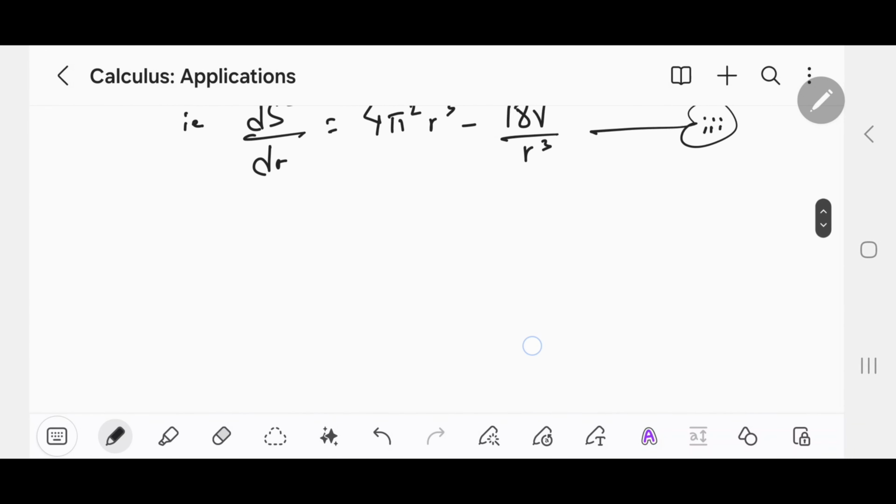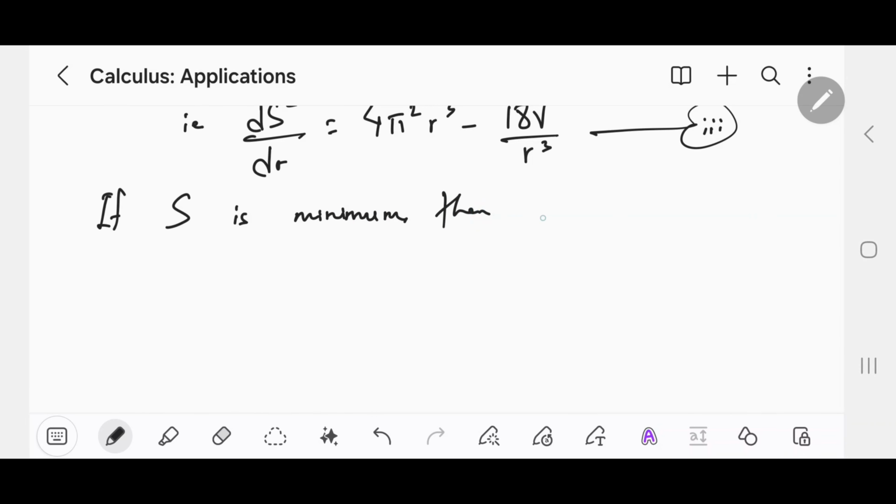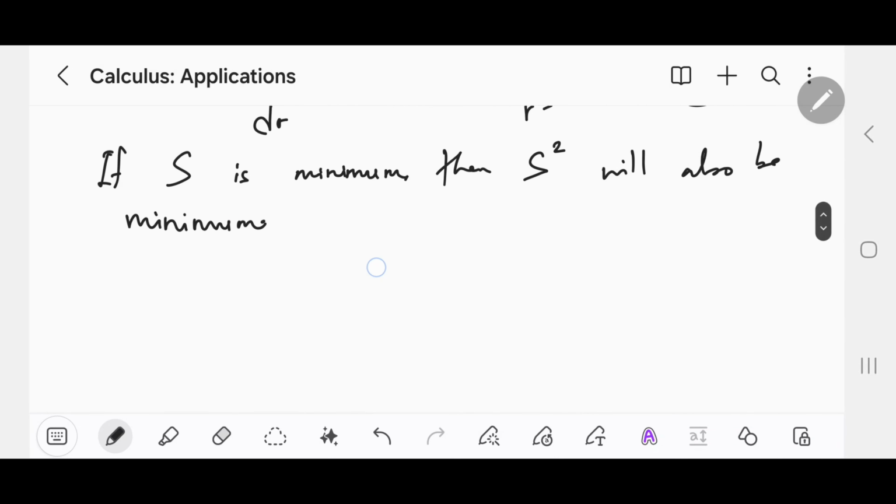So, if S is minimum, then S square will also be minimum.